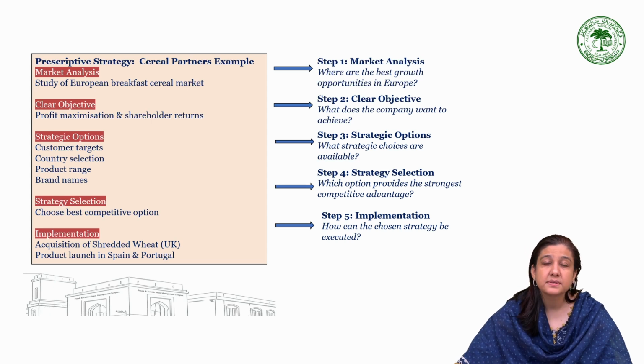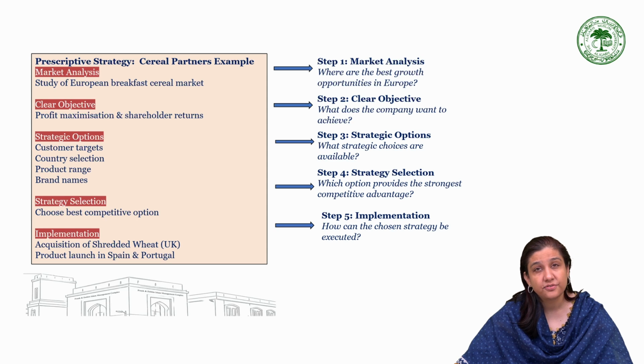Then comes the implementation stage. Implementation may involve organizational restructuring, resource allocation, employee training, marketing activities, performance monitoring. So these all may sometimes be changes, sometimes modifications, sometimes the present circumstances, they all may support the implementation of the strategic choice.